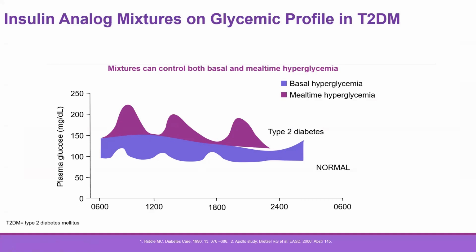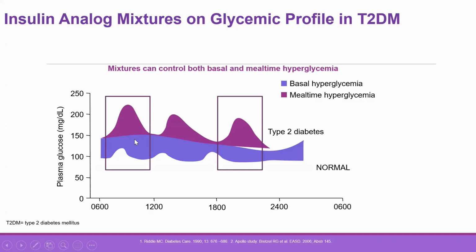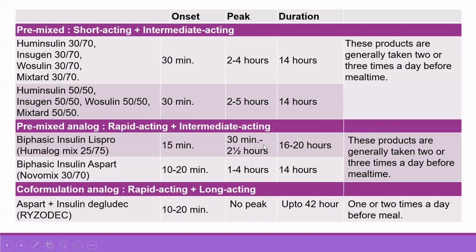The mixed insulin has two different varieties of insulin, with the objective that they will correct both the mealtime hyperglycemia and the basal hyperglycemia. So when we give a premixed insulin, this will give a basal insulin and a prandial insulin. And if we give another shot before dinner, it will provide a basal insulin and one prandial insulin to cover the dinner.